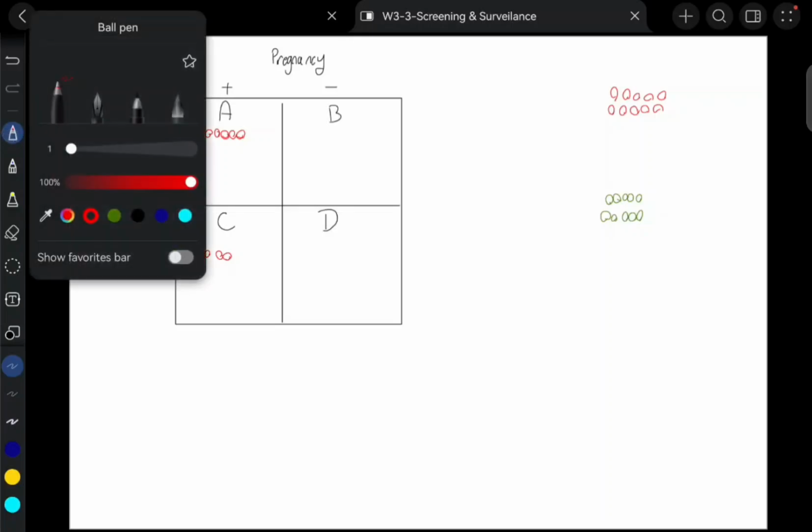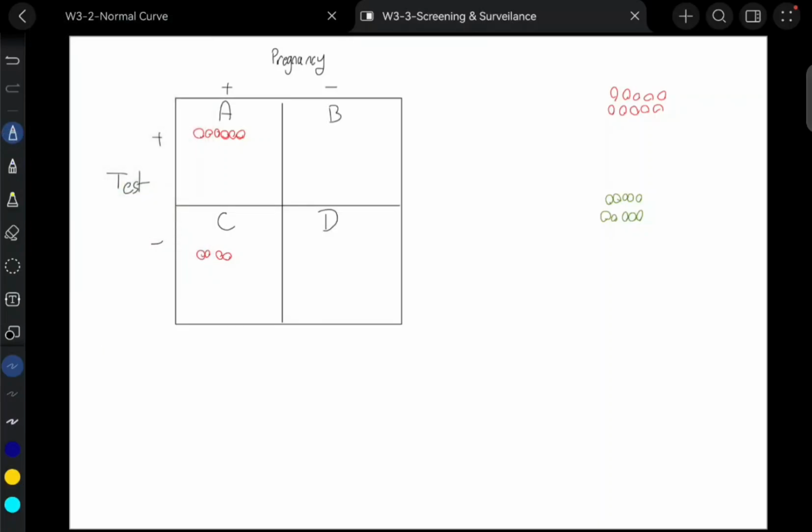Again, when we go to the non-pregnant ladies, let us suppose that 3 of them tested positive. So we'll draw them here. They tested positive, even though they are not pregnant. And the other 7 tested negative. So they are not pregnant and they tested negative. Now, when we are calling them, we have 4 terms that we need to keep in mind, right?